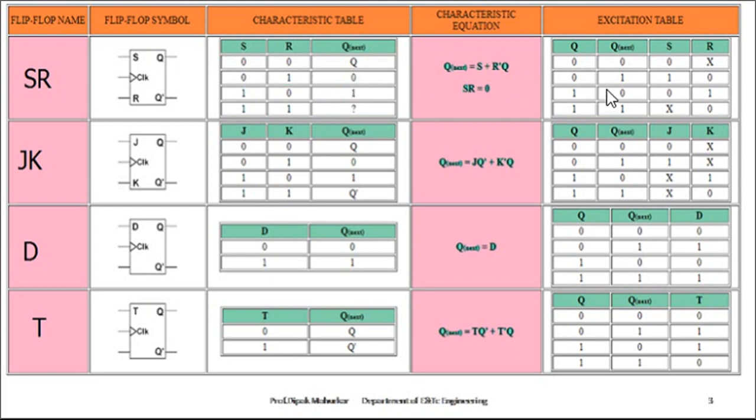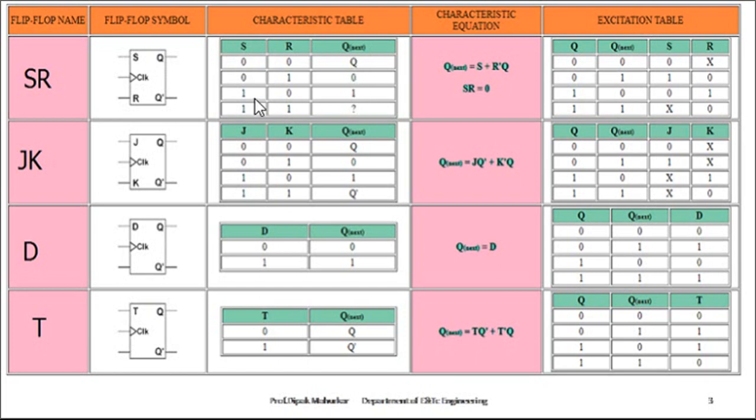In the second case, if you consider Q is equal to 1, then the first and third rows have 1. So in that case, what will happen?